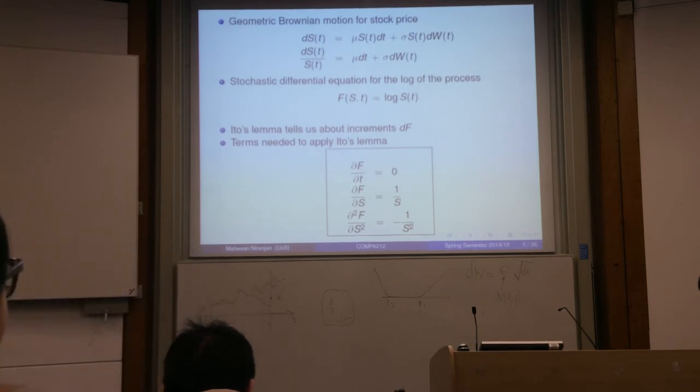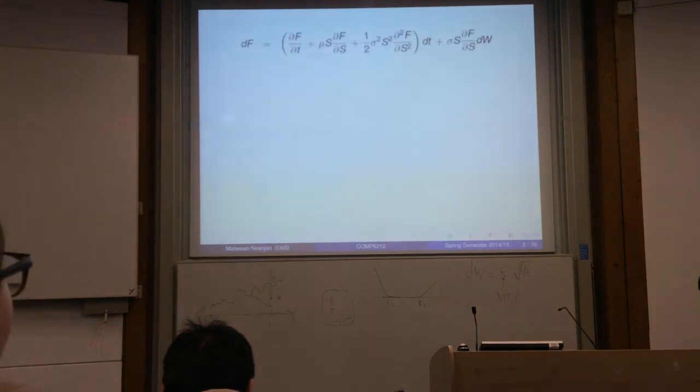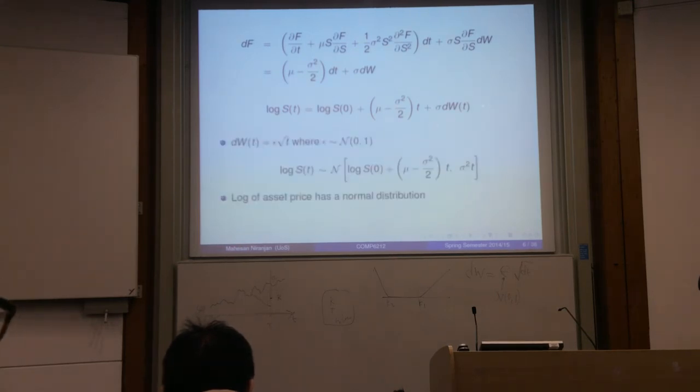So if I write it down like that, I can plug in those expressions, and I get an expression like this. It simplifies. What that tells me is that because this is drawn from a Gaussian random variable, the log of that asset price will have a normal distribution whose mean is this one, and the variance is that one.